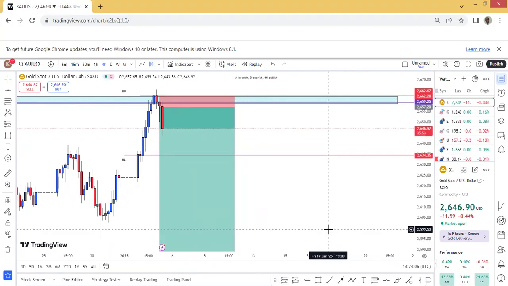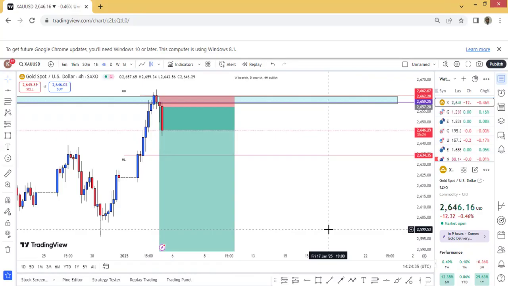So if the 4 hours and the daily are pointing the same direction, I will trade in that direction. If the daily and the weekly are pointing to the same direction, I'll trade in the direction of that time frame. So I shall have two time frames in sync, either the 4 hours and the daily or the weekly and the daily. In this instance, we have the weekly and the daily pointing the same direction.